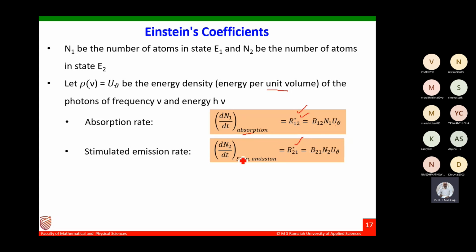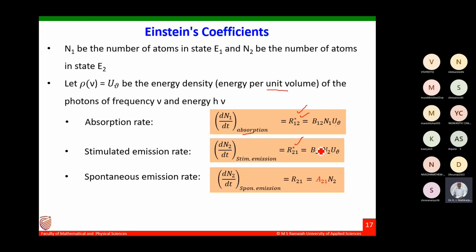Therefore dN2 by dt for stimulated emission is given by B21 N2 u nu. The third process is spontaneous emission, dN2 by dt, R21, given by A21 N2. It doesn't depend on external radiation.